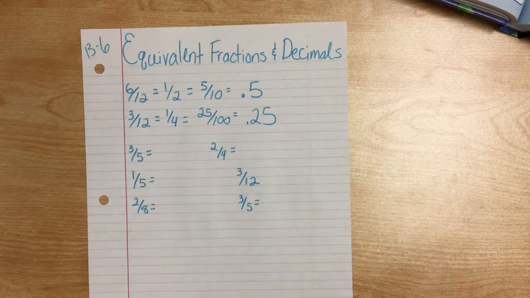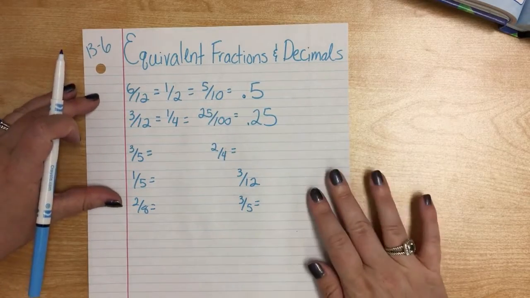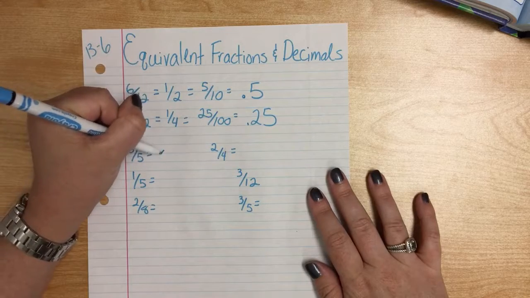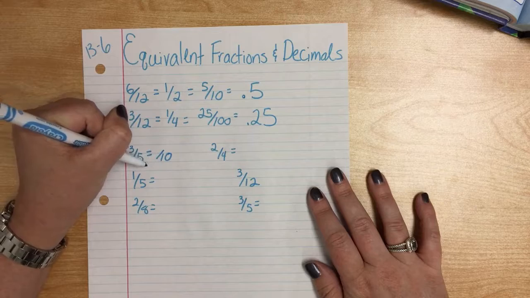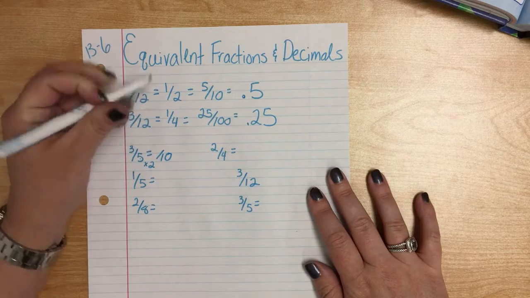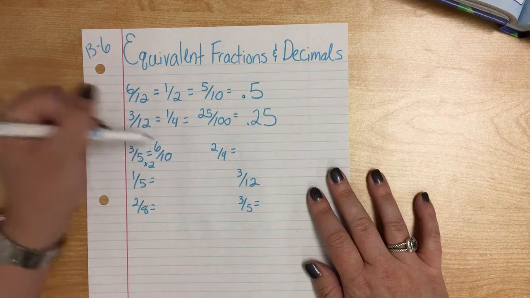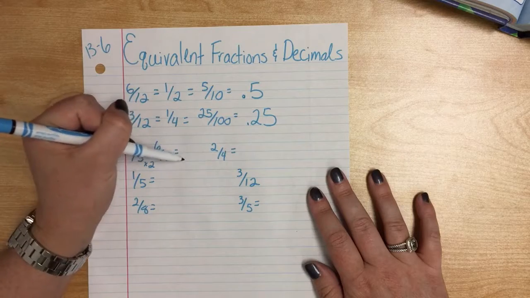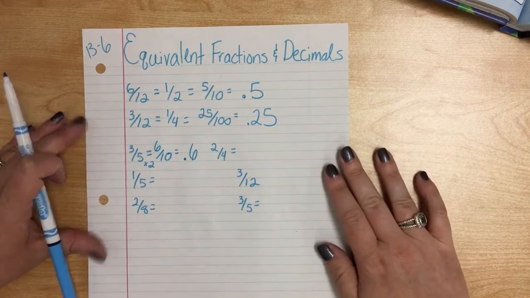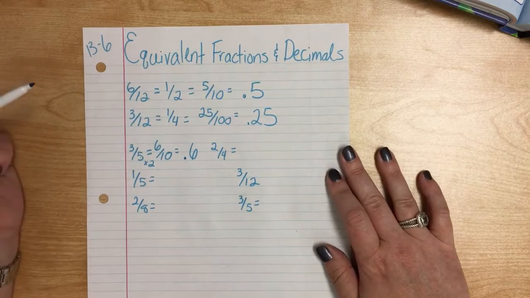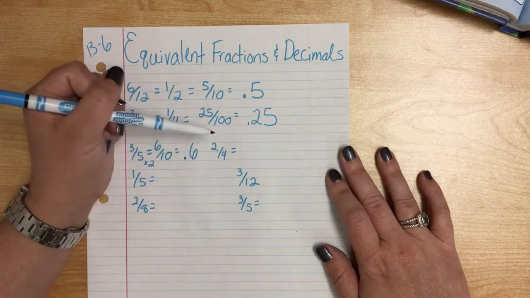So let's try this. For 3/5, I need to make my 3/5 become something over 10. For 5 to become a 10, I did times 2. So 3 times 2 is 6/10. Well, now that can become 0.6. Okay, 2/4. Can I get 4 to become a 10?